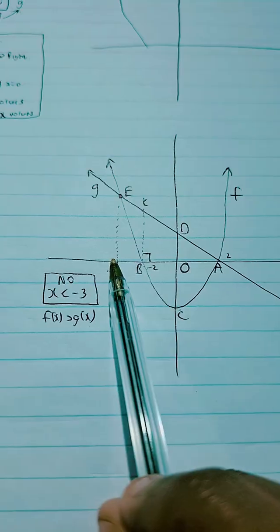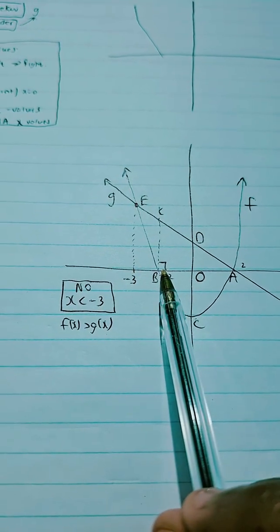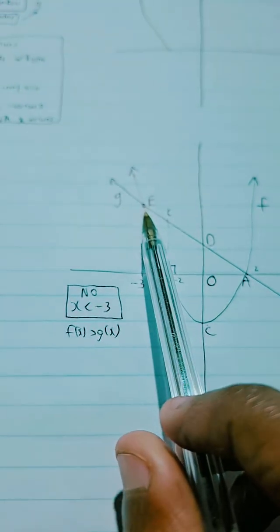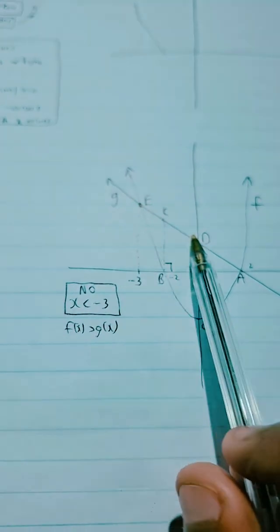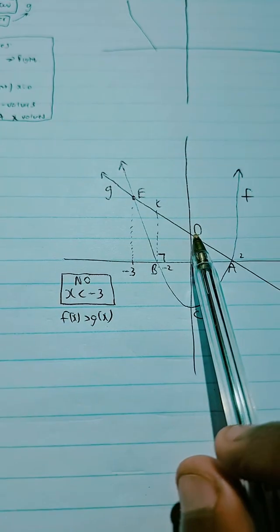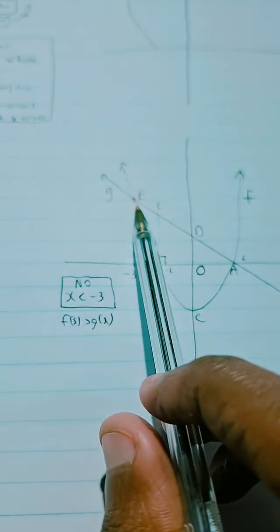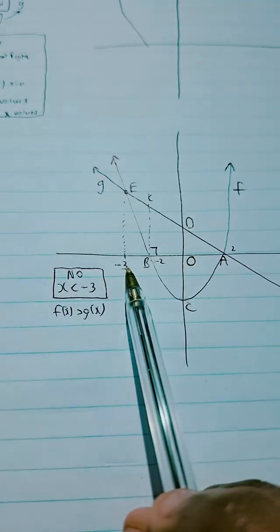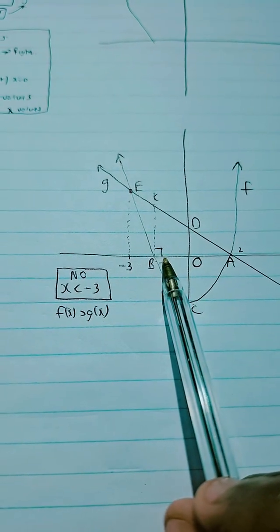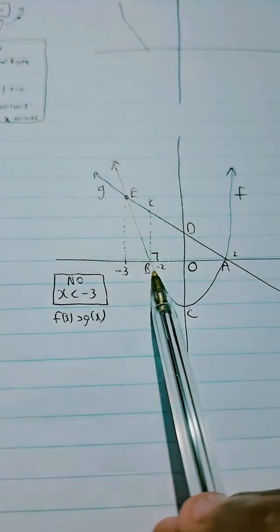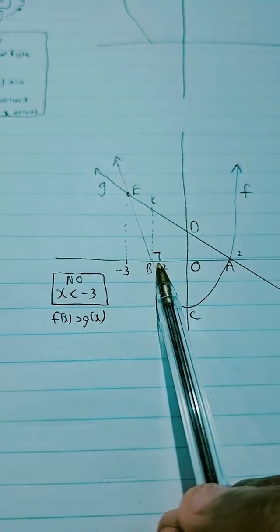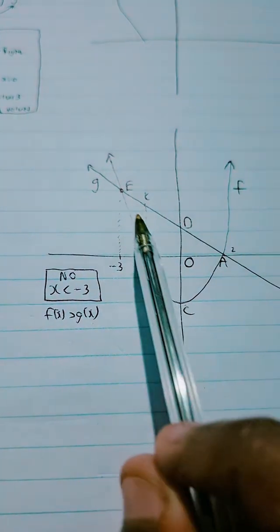Now let's look at this interval between -3 and -2. What's happening? Between -3 and -2, this function g is on top, but f is below. In fact, from -3 to -2, f is at the bottom.